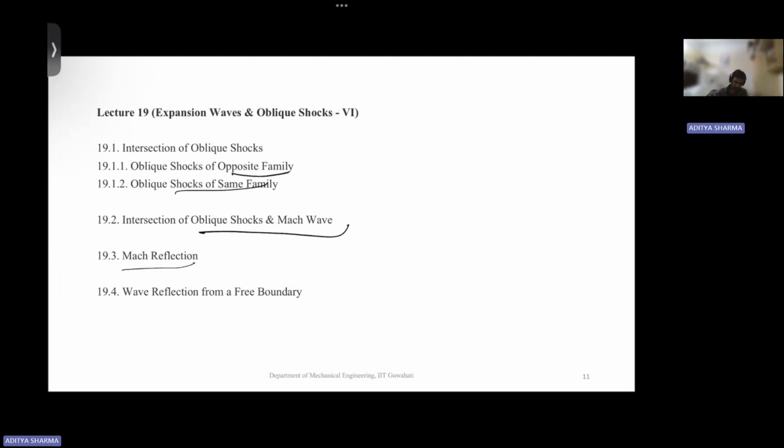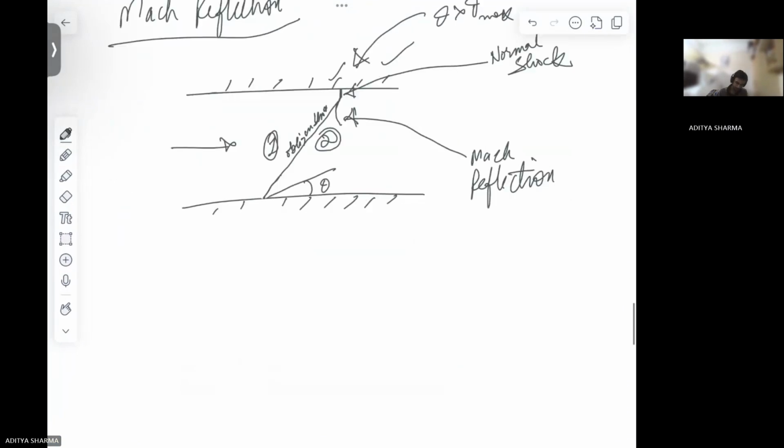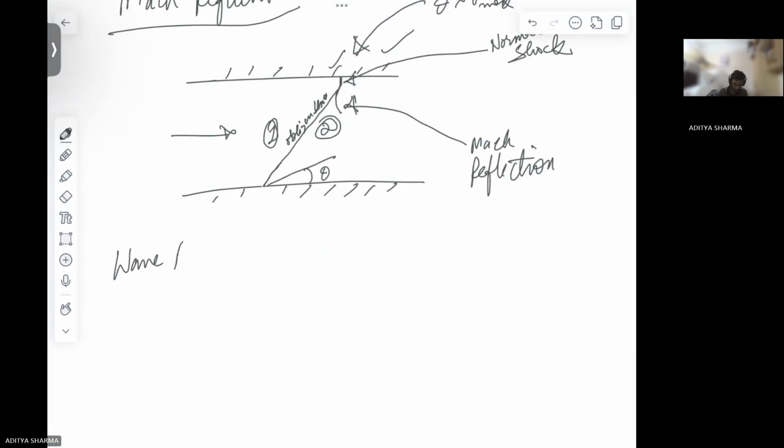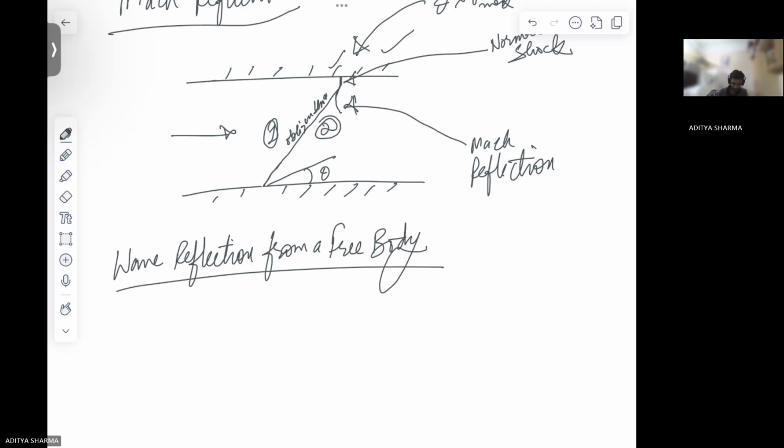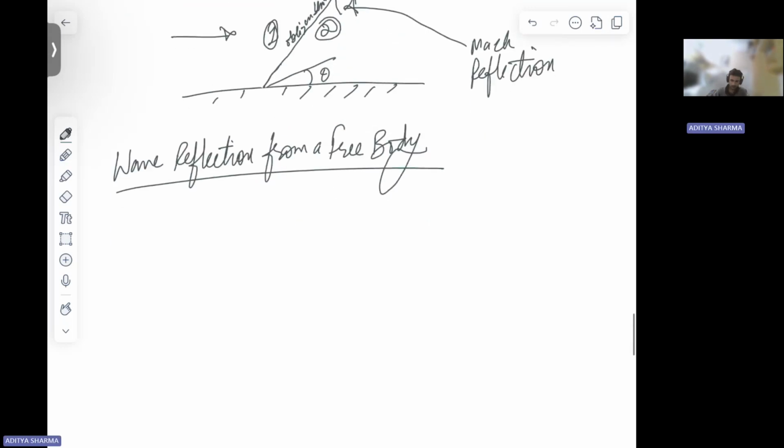Then the last topic is wave reflection from a free boundary. Two points are to be noted here.